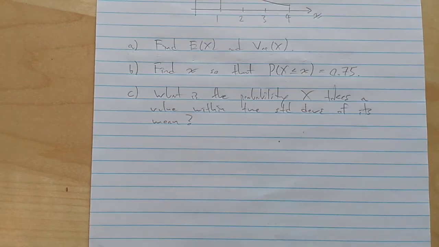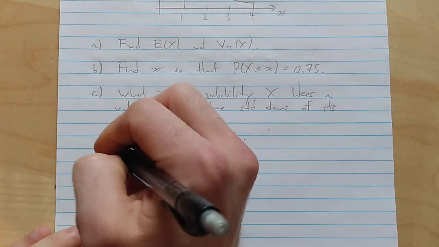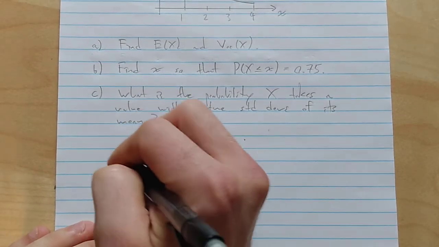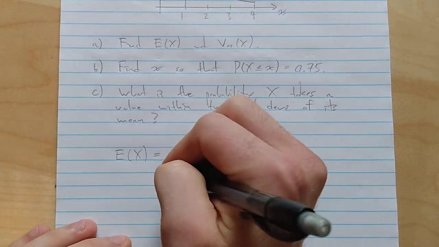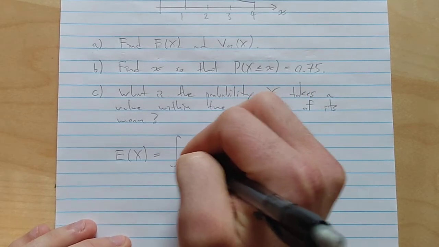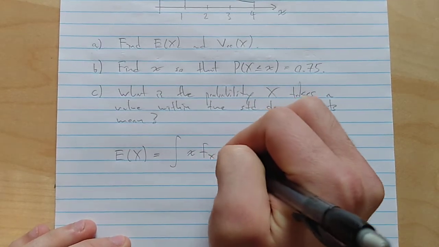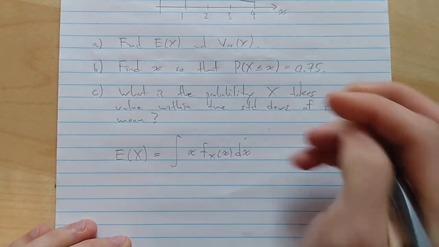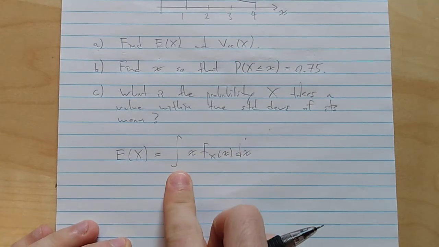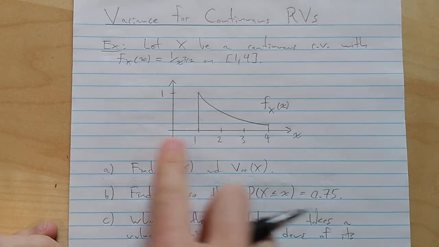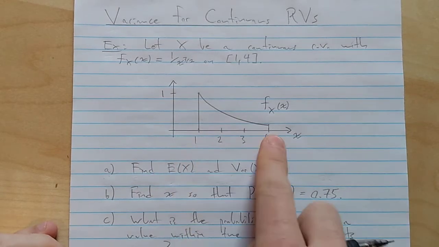Okay. So for a continuous random variable, the expected value you get by integrating x times the PDF. Now this integral goes over the whole real line, but it's 0 except on the interval 1 to 4.